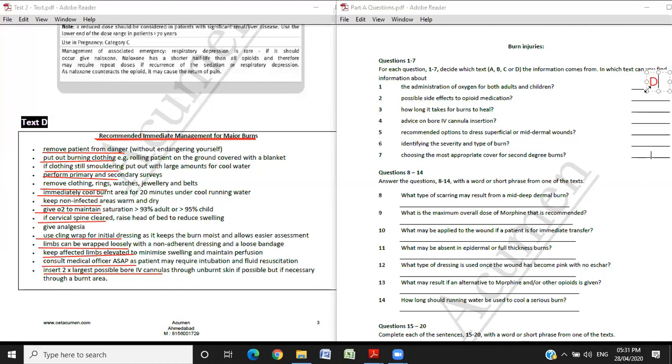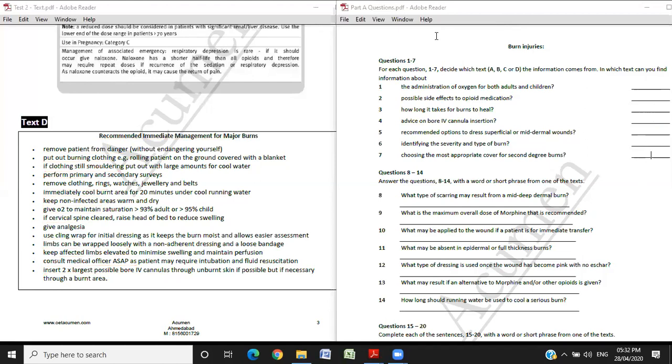Skimming doesn't mean just reading heading and subheading. No. There's a particular technique, and you need a separate technique for each kind of text that you are dealing with. If there are bullet points, you read the first two, three words. If there are tables, you read the heading of each column and each row. If it is a paragraph, then you read the first and last line of each paragraph.